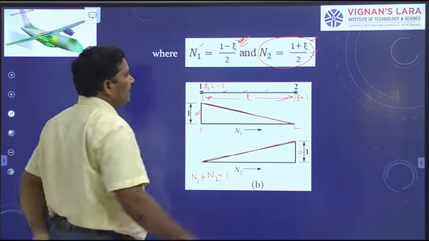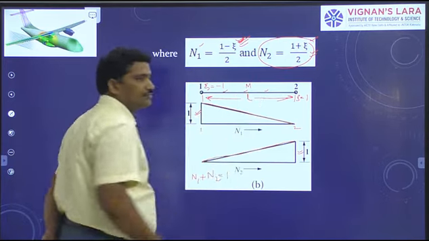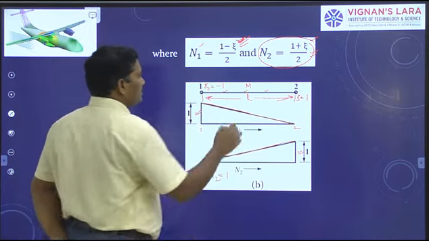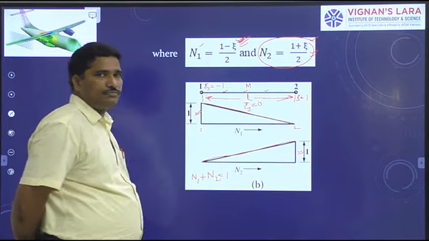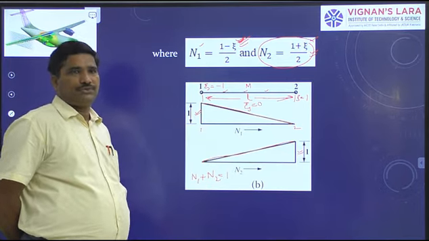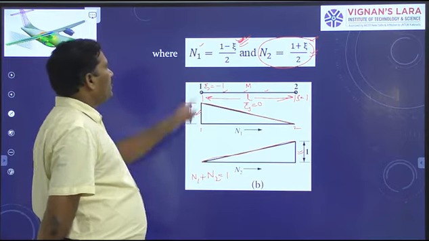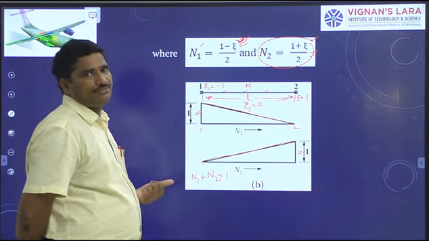For example, I take the midpoint of the element. This is the midpoint. At midpoint, j equals 0. Now, put j equal to 0 here. Then n1, how much you get? 1 by 2.